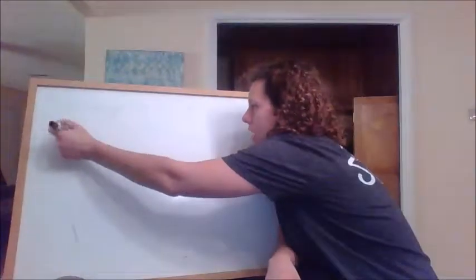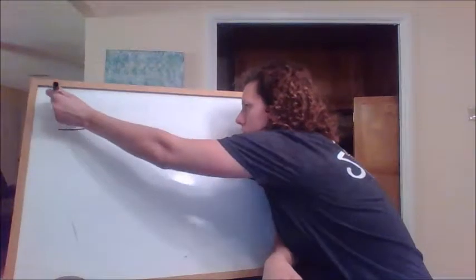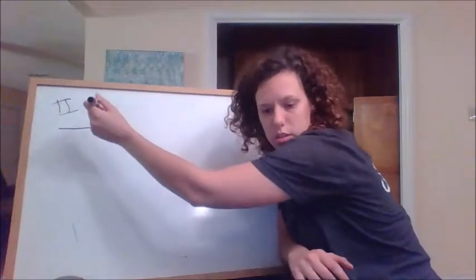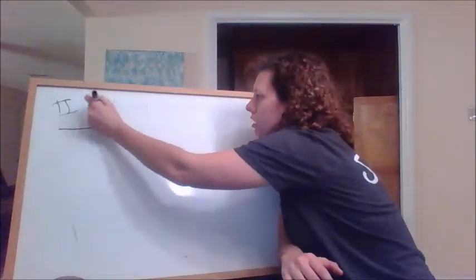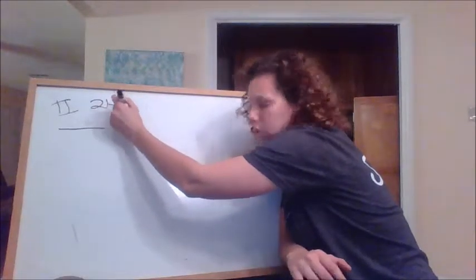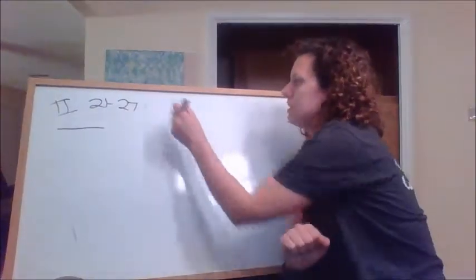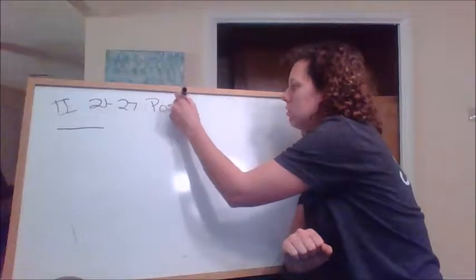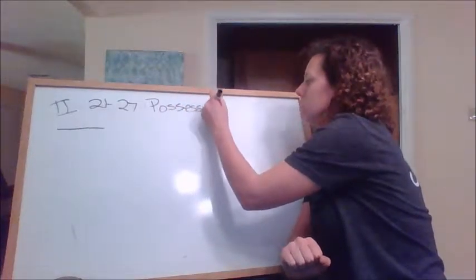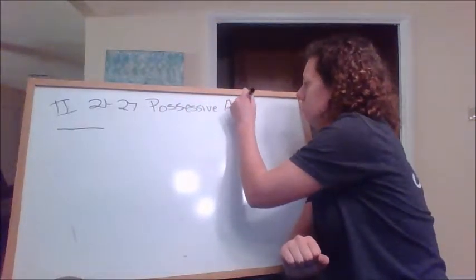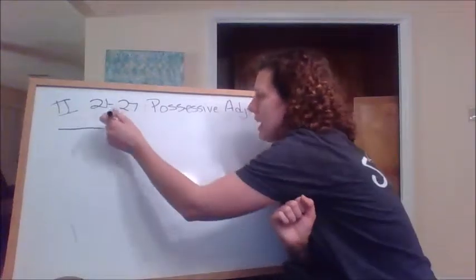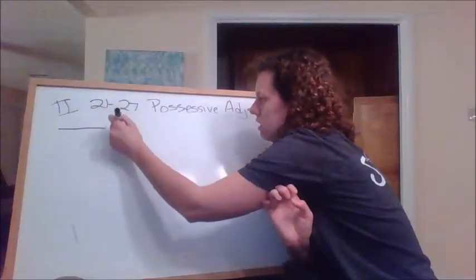So it'll be something like, oh, this is part 2. This is 21 to 27. So it's possessive adjectives. Okay. So I'll give you a blank and then I'll give you what I want you to say.